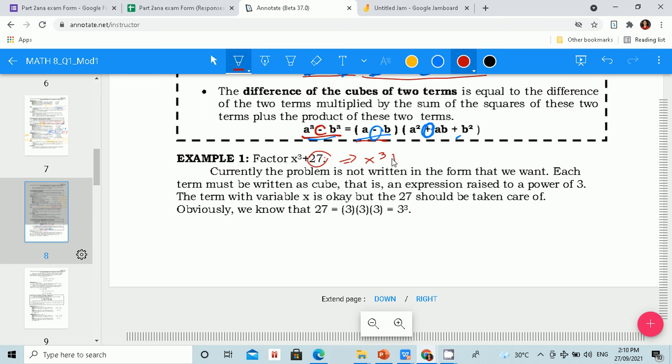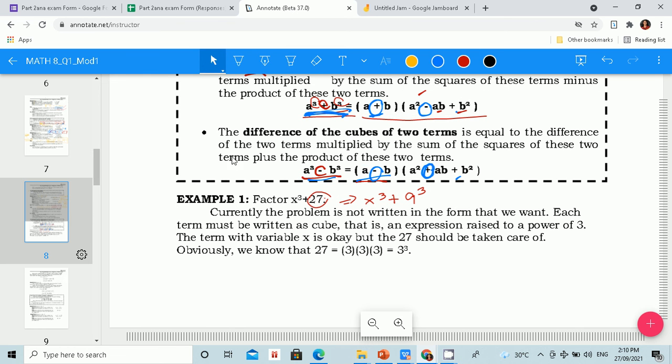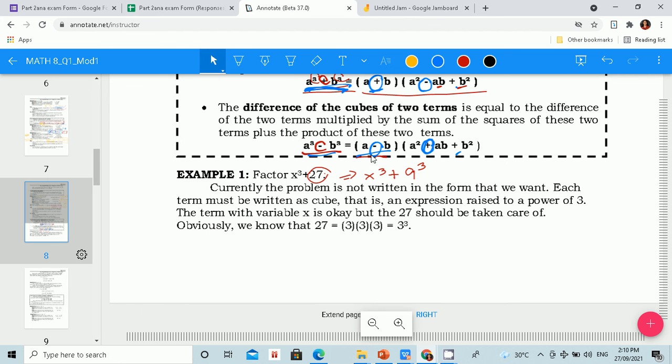What's the cube root of 27? That is 9. Yes, 9. That is 9 cube. Okay, so we have the same form, and if we have that form, we just follow the formula.